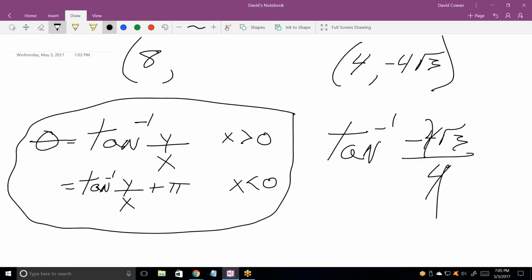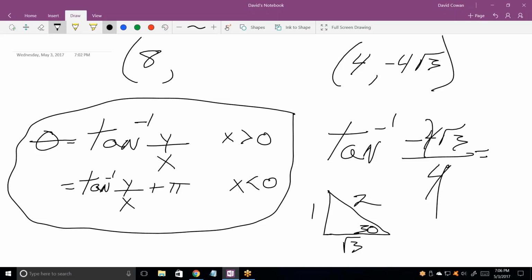What angle is that? Negative pi over 4? I don't think so. I think that's a 30-60. In other words, if I draw my 30-60 triangle, the dimensions are 1, root 3, and 2.